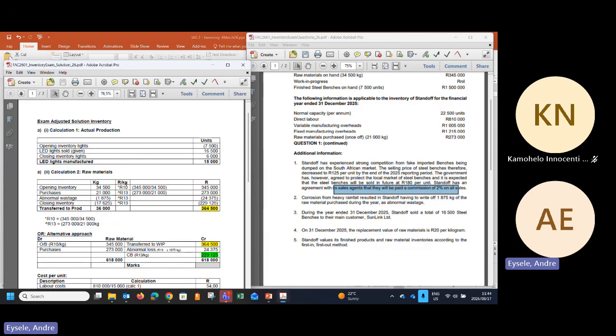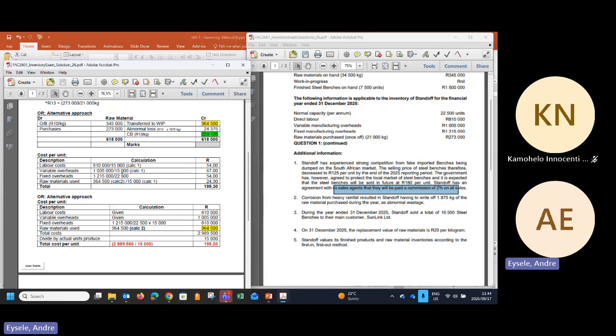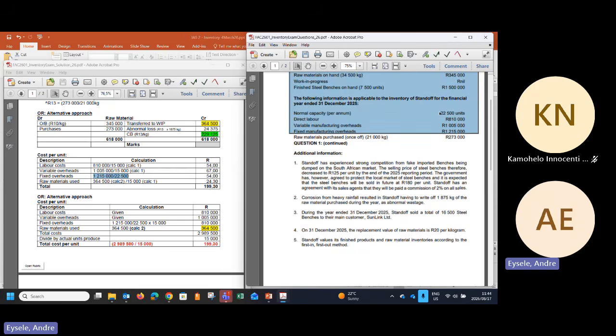That's why you need to know your theoretical instances. So you say 125 divided by 22,500 gives you your allocation rate based on normal capacity. Normal capacity for this entity is 22,500 units.